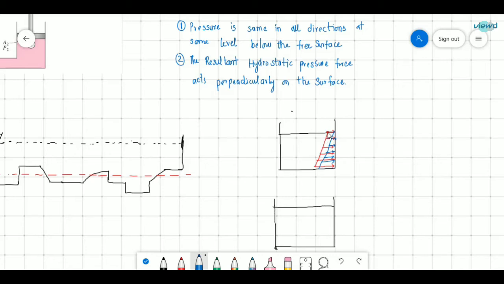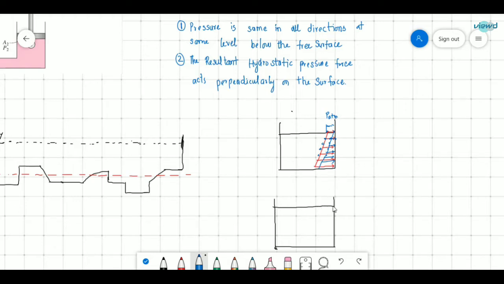So if the atmospheric pressure is considered, the same amount is added at the surface, and the same amount is added here, and here, and here. So that is what it is indicating.